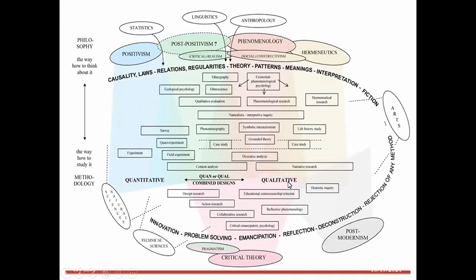And then here we have the qualitative methodology. Under it are all these methods that you're seeing up here: case study, grounded theory, discourse analysis, phenomenology, many qualitative methods. These methods work well for anthropology, humanities, all these kinds of disciplines.